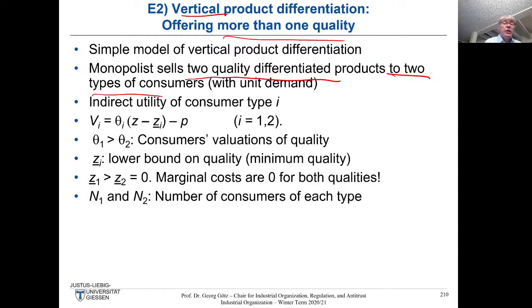Suppose, and this will become even clearer in a little problem in the assignment, our indirect utility of a consumer of type i is just this theta. You know that already, and we have two different consumer types. One type has a high valuation of quality, the other has a low quality valuation, and then quality matters.